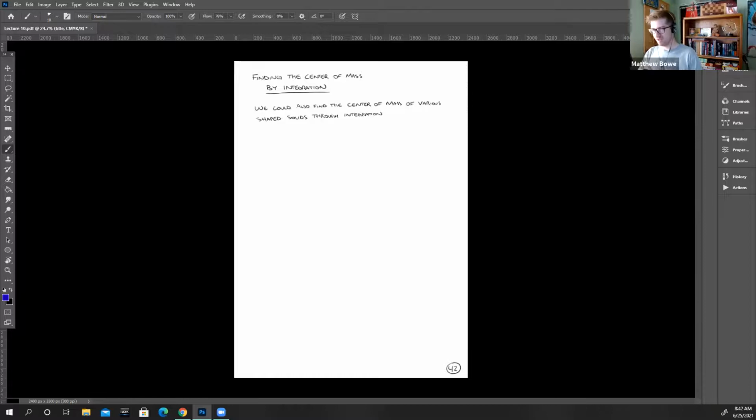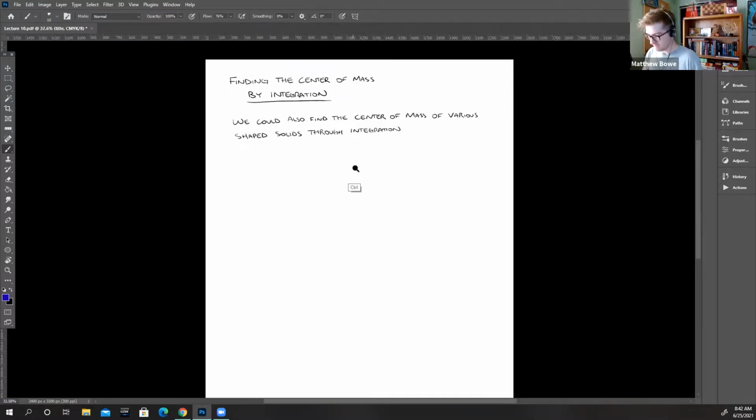Imagine I could just cut out more shapes of that plywood example. I could put a big triangular hole somewhere, and it very quickly becomes more difficult. So we may need to sometimes find the center of mass through integration.